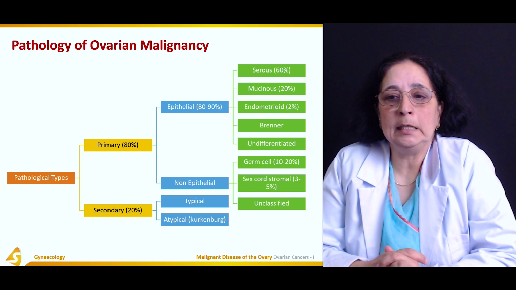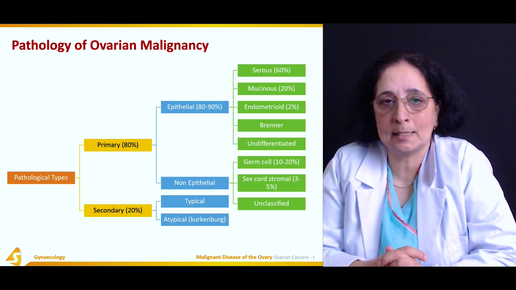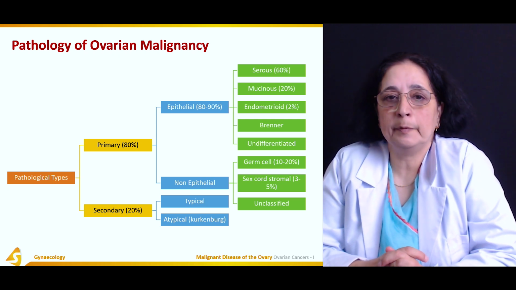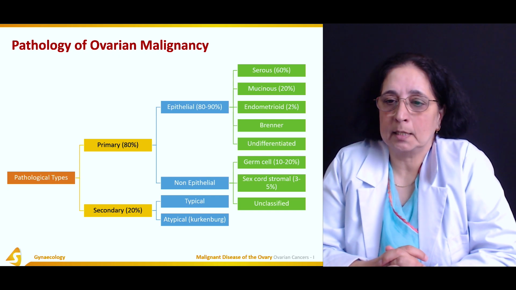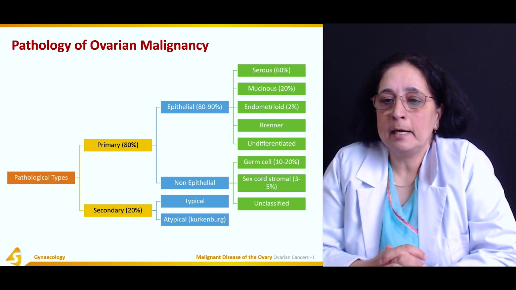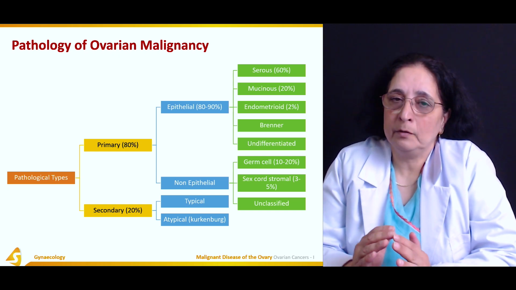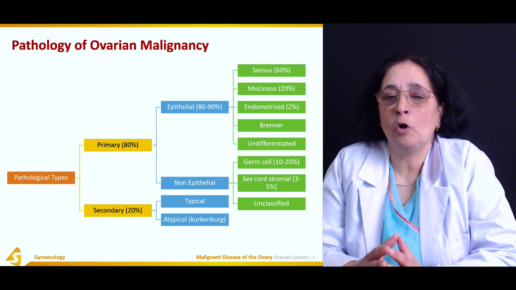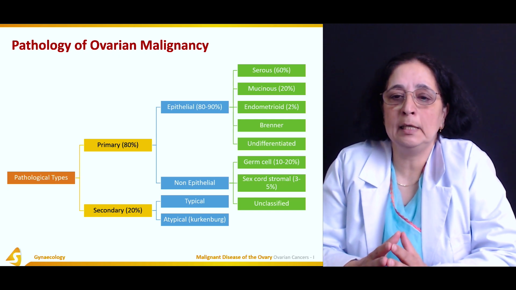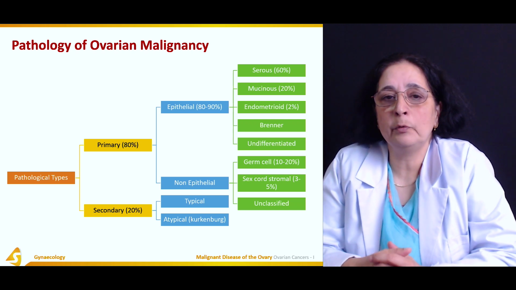Of the epithelial type, the most common is serous, about 60%. Mucinous is 20%. Endometrioid is 2%. Brenner and undifferentiated are very rare. The most common epithelial tumor is the serous type, in which clear fluid is involved.